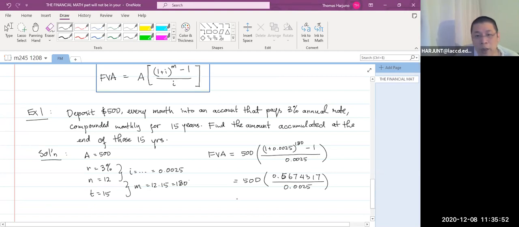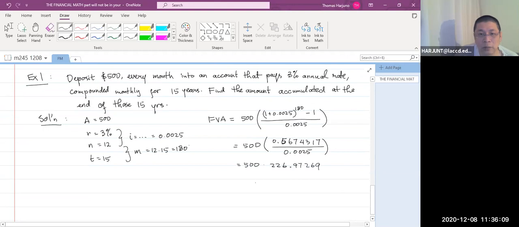Anyway, I get from my calculator when I divide that, 226.97269, multiplied by 500. The amount of money I have is $113,486.34.